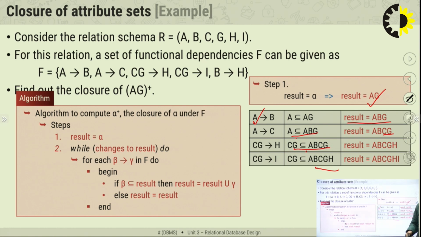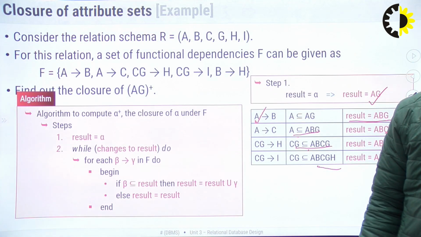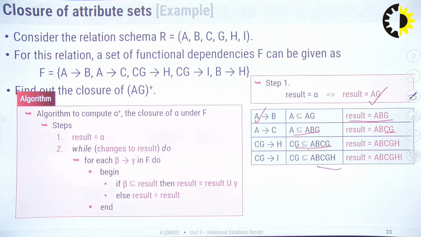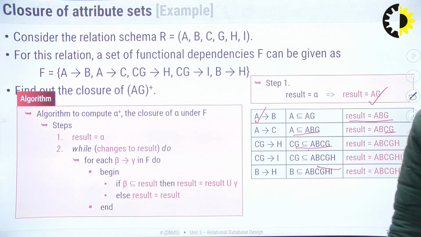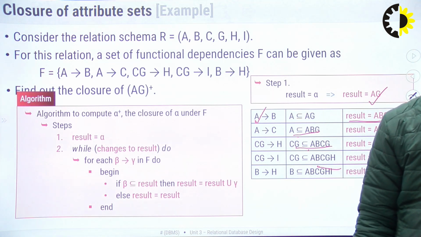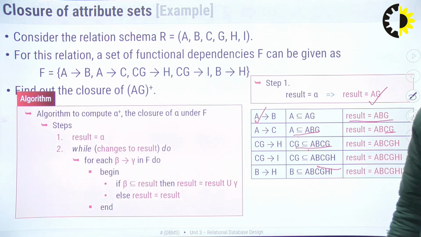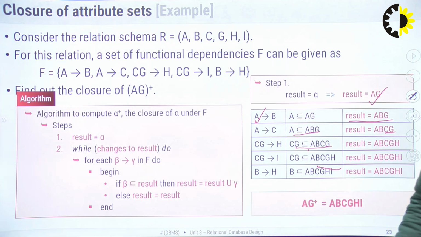Next, CG determines I. This CG is again a subset of the result we have computed, A, B, C, G, H. Now result equals A, B, C, G, H, I. Next, B determines H. B is a subset of the result, and H is already present. We are no longer able to add any other attributes.